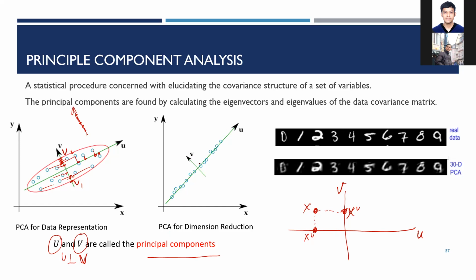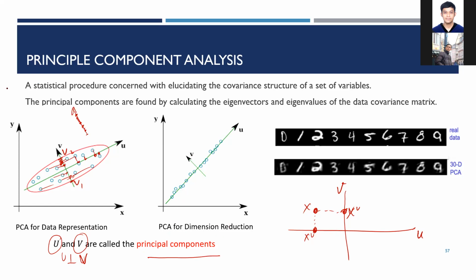After we represent the data on each principal component, we choose which principal component shows the higher variety of the data.